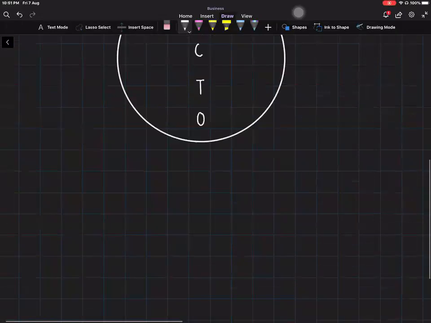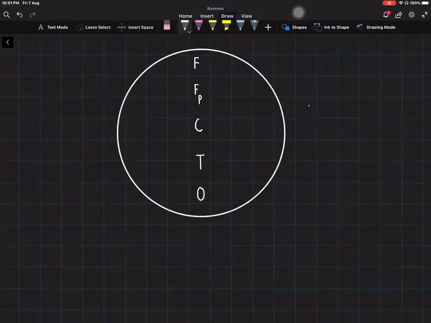Then remember one thing: is the right side the even number, or the left side? Right is even. Left is odd.